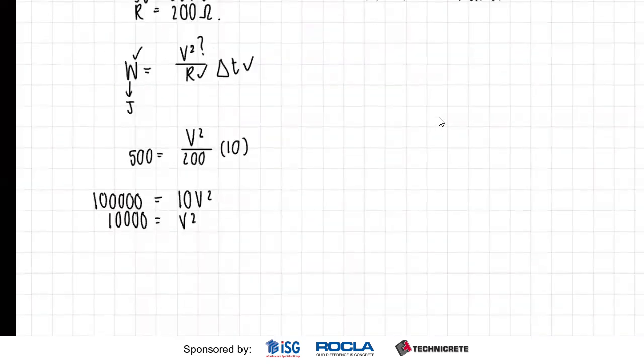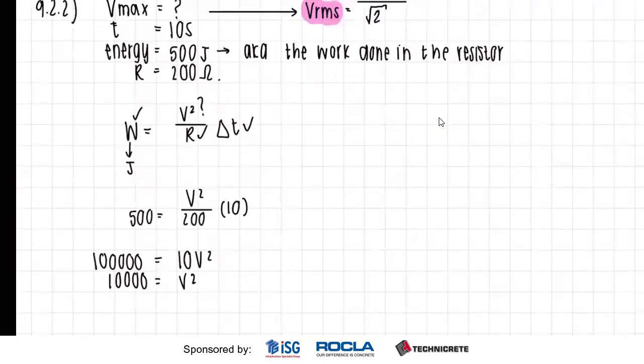Okay, and then if you do the square root on both sides, then we get the voltage in the circuit is 100 volts. Okay, so therefore, the voltage is the same as the RMS voltage. Therefore, the RMS voltage is 100 volts.